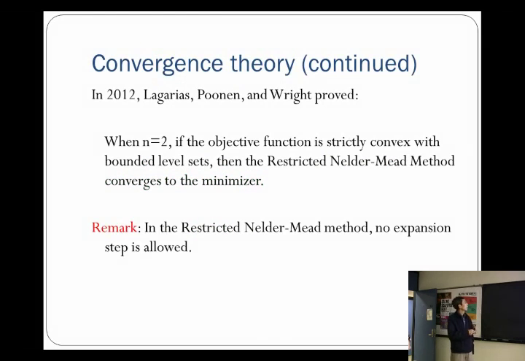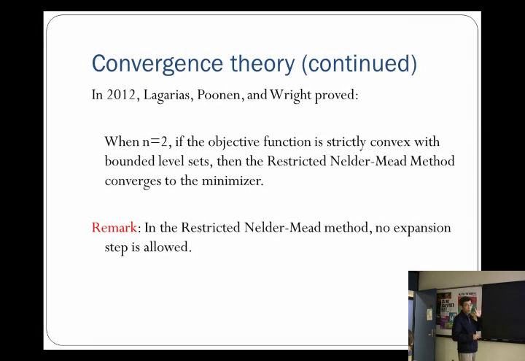Very recently, Lagarias, Poonen, and Wright proved a new result. So for n equals 2, dimension equals 2, under the same assumption, they proved that the restricted Nelder Mead method converges to the minimizer. In the restricted Nelder Mead method, we don't allow the expansion step.